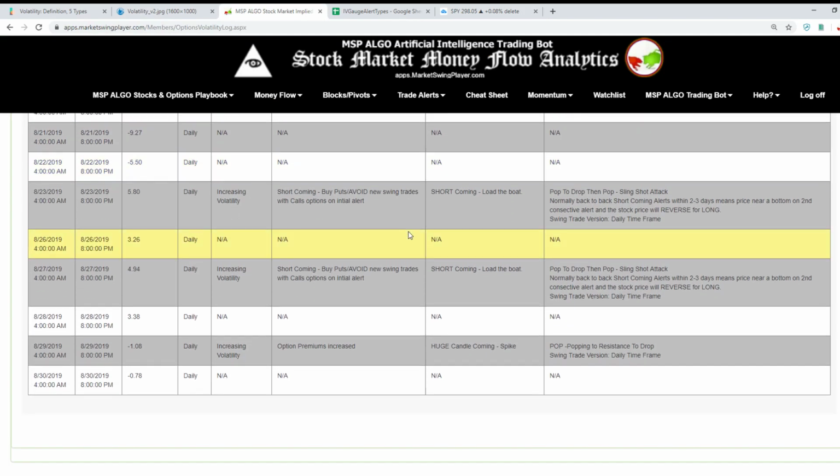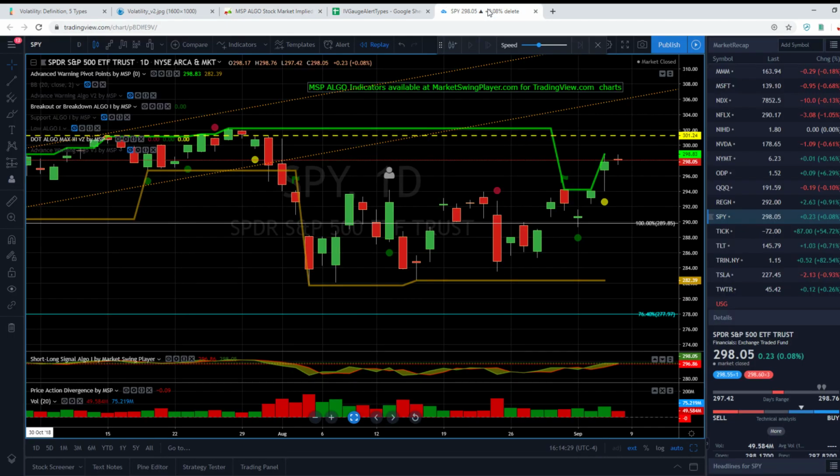This is the holy grail for option traders. That is the hardest thing, to know when's the best time to buy calls and puts. And this thing is very powerful. You can see how powerful it is. It tells you where the tops are. It tells you where the bottoms are.